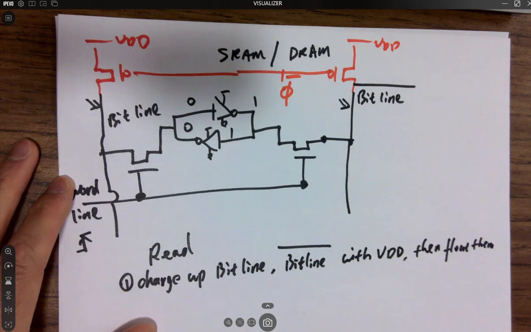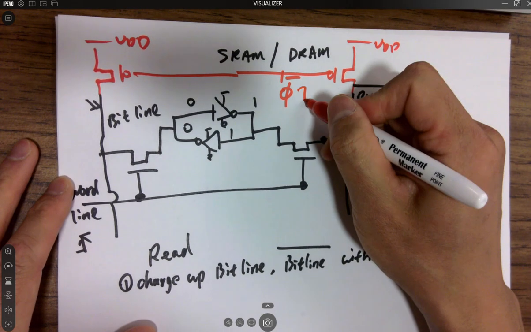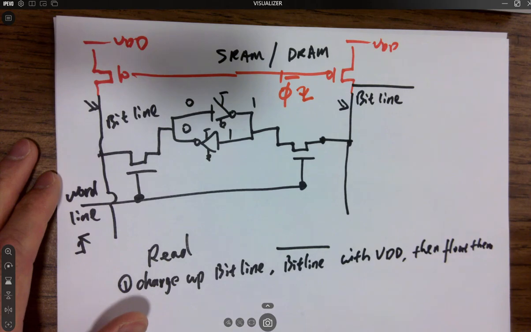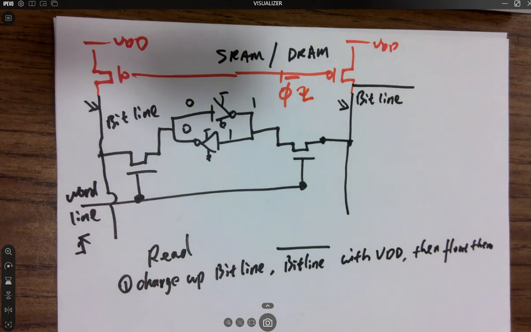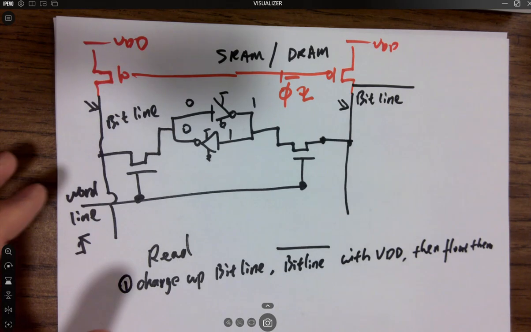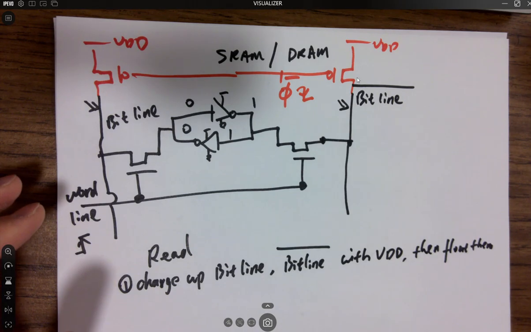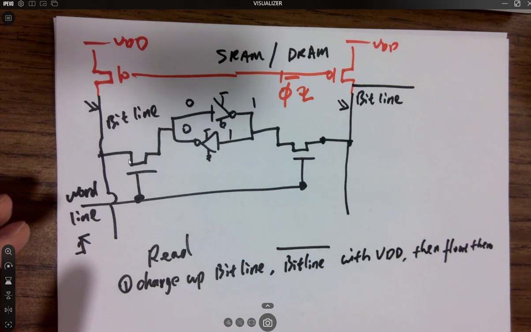You give a falling edge to this pin. It's like two buckets on the top, right? Two water reservoirs on the top, and there's a switch at the bottom of the buckets. So turn on the switch to dump water to the bottom really quick, and then shut it off. So like this, right? You give a falling edge, the PMOSes are on, and they start dumping charges to the capacitance over here, okay?